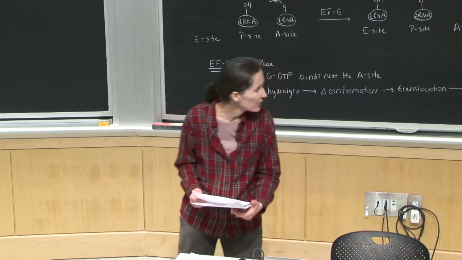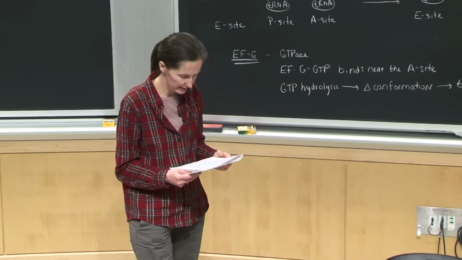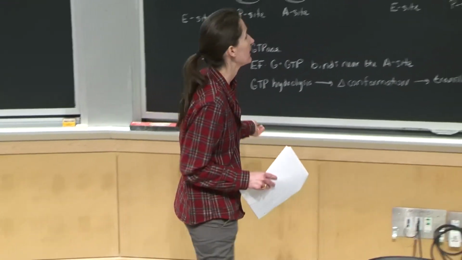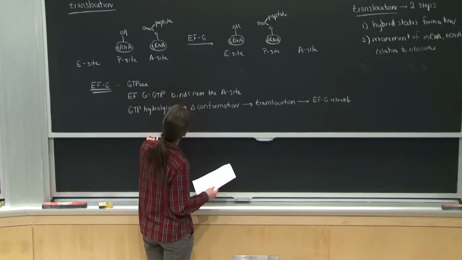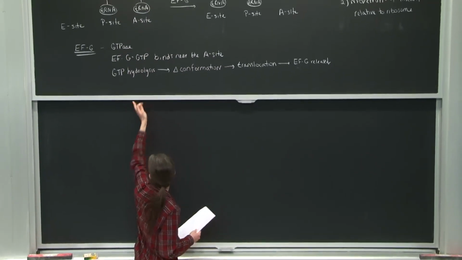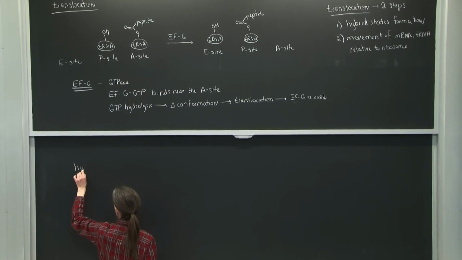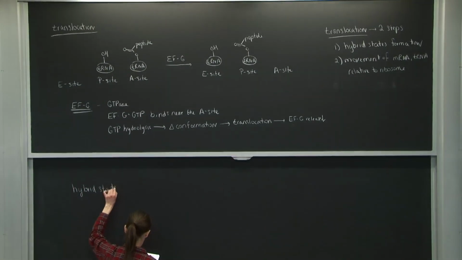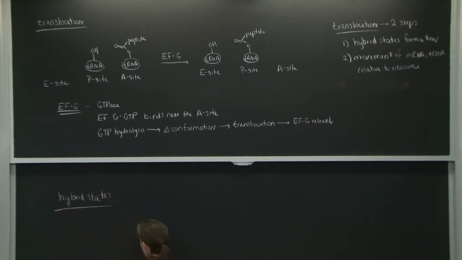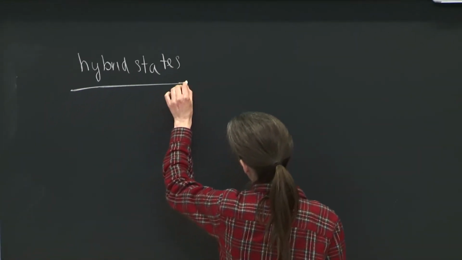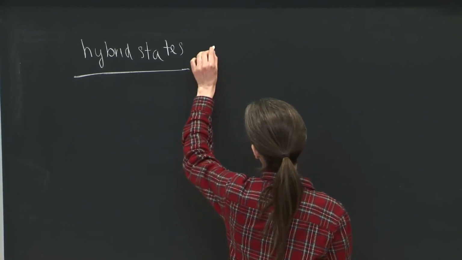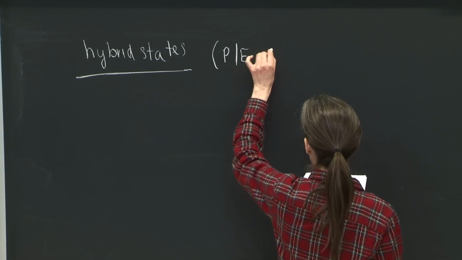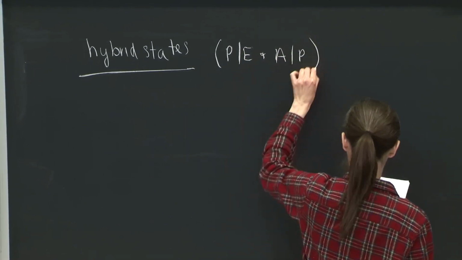I have two different views in the slides for looking at this. Effectively, what the hybrid states are, okay, these describe basically the orientation of the tRNAs. So effectively, they can be PE, okay, or AP here.